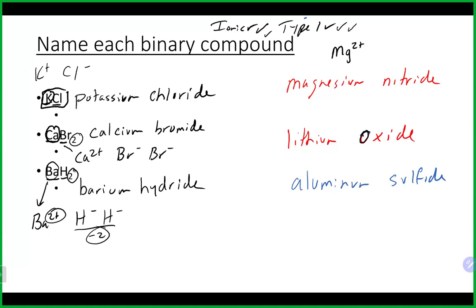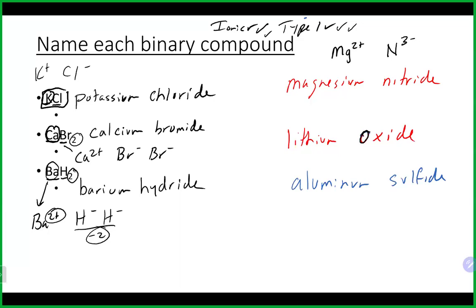And by the way, magnesium is a metal and nitride is nitrogen on the periodic table, which is a non-metal. And that also tells me it's ionic here. And nitride is nitrogen, and nitrogen is group 5, which means it actually has a -3 charge.